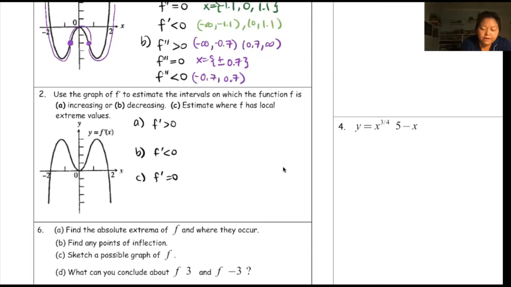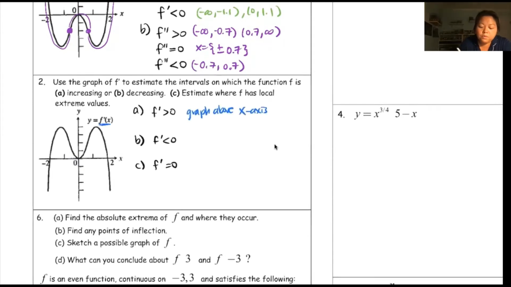When is f prime negative? Well, probably you can guess it. When the graph is below the x-axis. And f prime is 0 when it's neither above nor below, when the graph is on the x-axis.